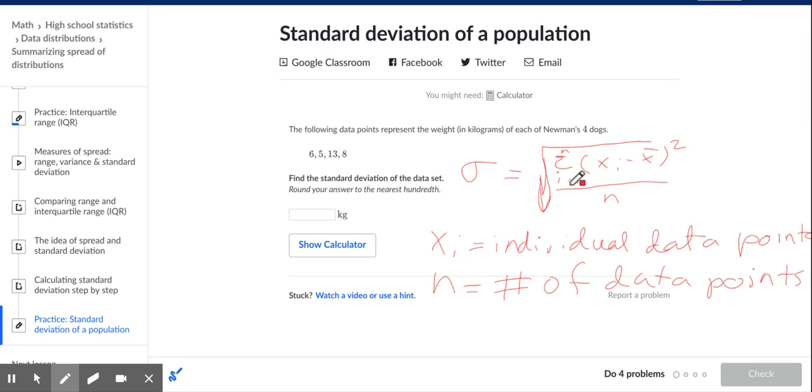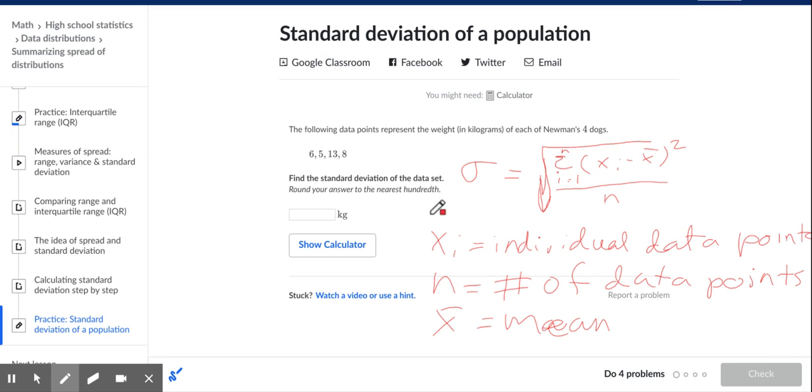That's all this is really doing. X bar is the mean, so that doesn't change. We're going to have each data point minus the mean and then square that. We'll go through it in detail and you'll see. And again, this n is the number of data points.